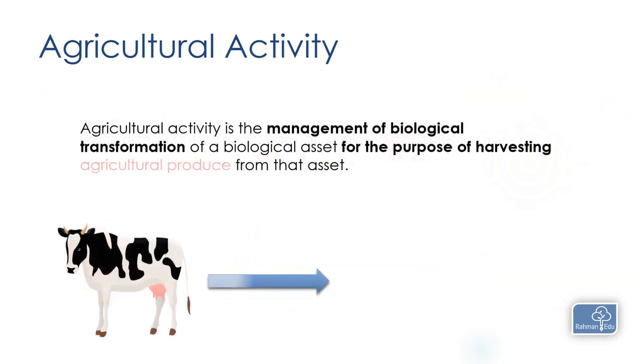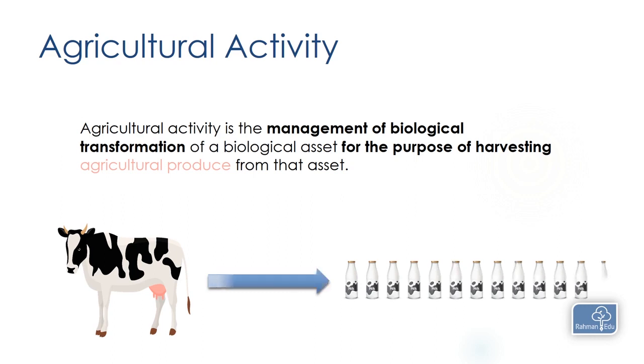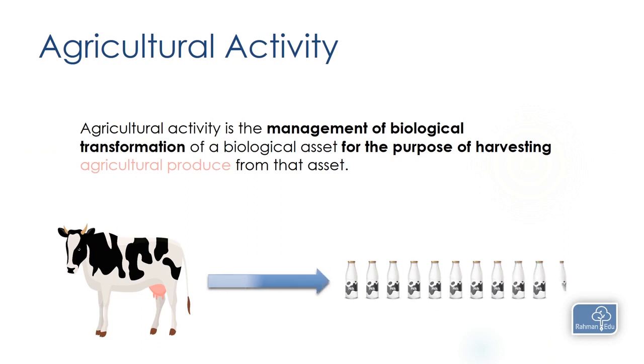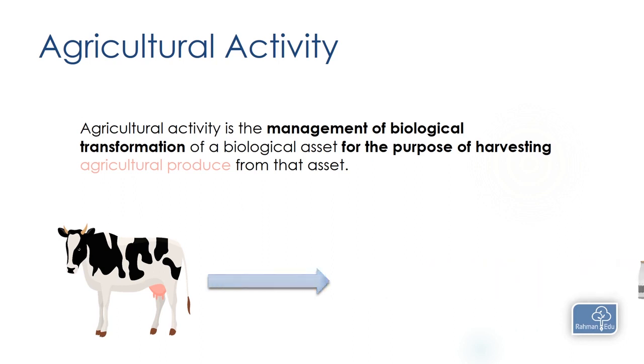Or for the purpose of harvesting agricultural produce from that asset. So, agricultural activity is the management of biological transformation of a biological asset for the purpose of sale, for the purpose of creating additional assets, for the purpose of harvesting agricultural produce from that asset.